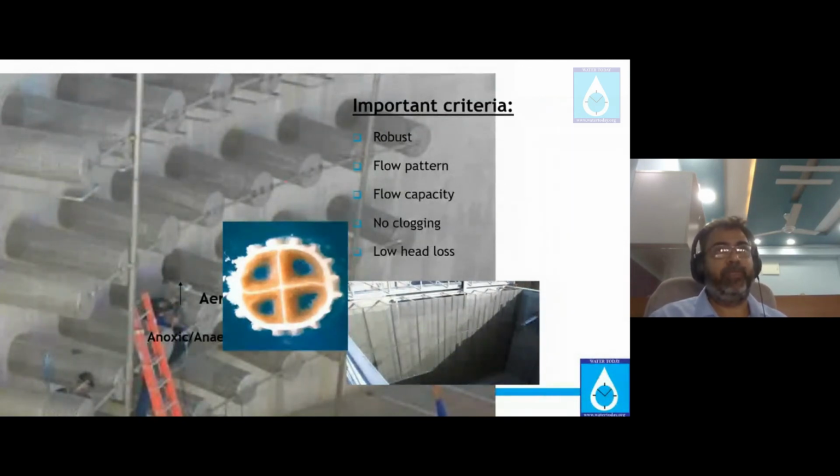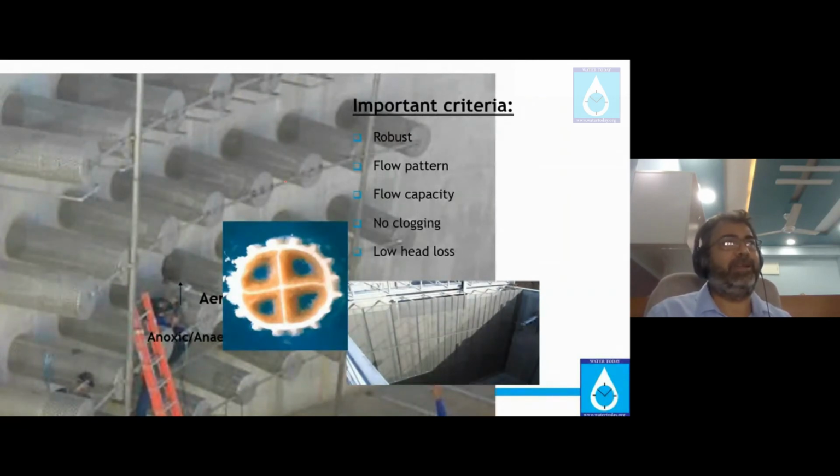Absolutely not a problem. But I'll also tell you one more thing. Do you require it for your country? The answer is no. These technologies are typically designed for extreme conditions because you want to protect your biomass. What are the extreme conditions? Either too cold like Norway, Sweden, etc., or too hot like UAE, etc. So in typical Indian climates, do we actually need MBBR?